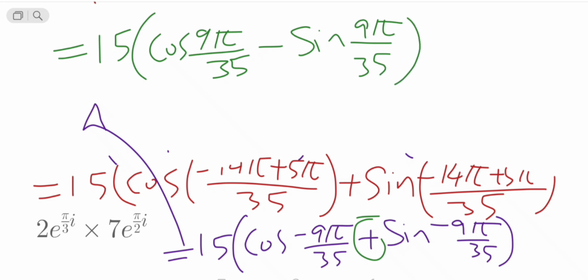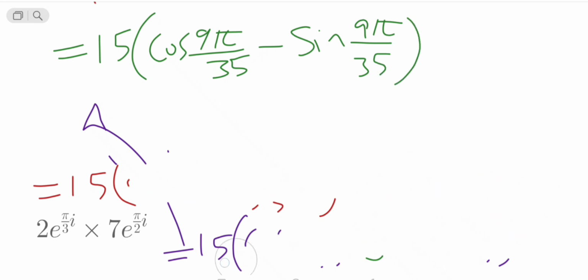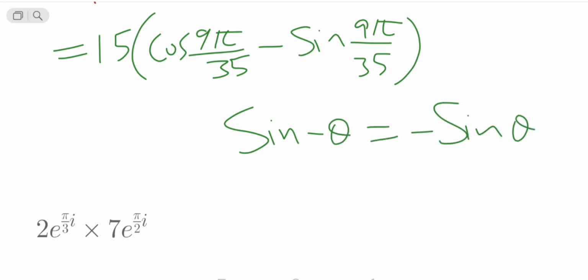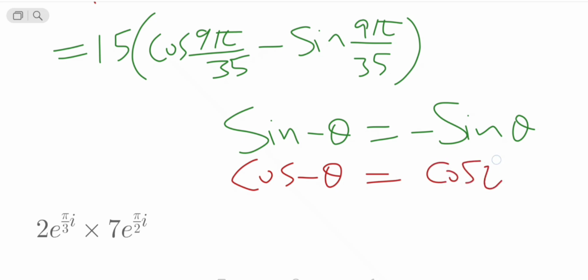So this is our answer. I hope it is clear. Like that we can write if there is a negative, because sine of negative theta equals minus sine theta, and cos of a negative angle gives a positive answer, no change, because whether theta is negative or positive there is no change in cos, but there is a change in sine.